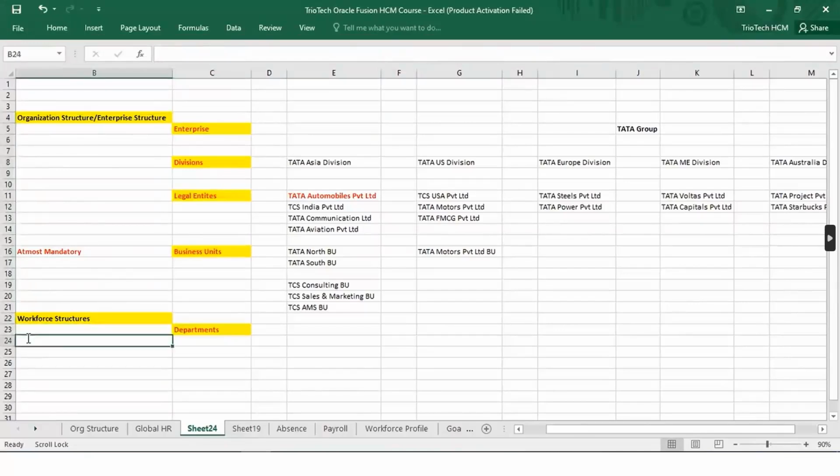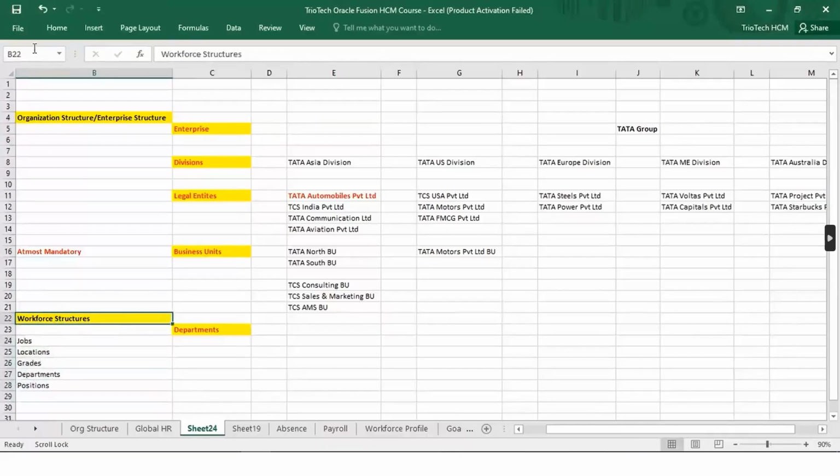Something like 5 objects you have here: jobs, locations, grades, departments, and positions. So these 5 together, we will call it workforce structure.